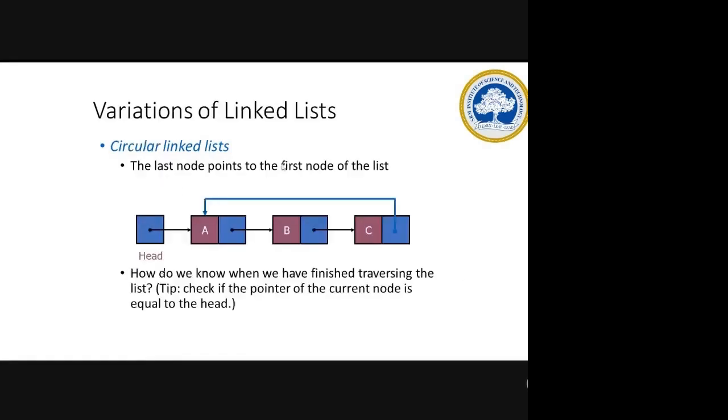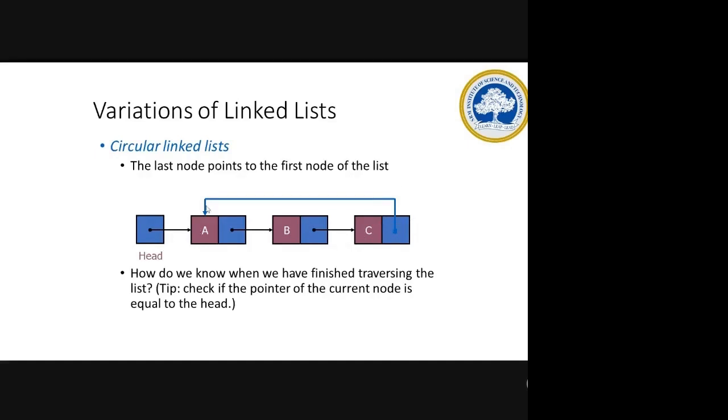So when I take a circular linked list, it is possible. In circular lists, both are possible: a singly linked list can be circular, and a doubly linked list can be circular. But we are going to learn only the circular linked list of the singly linked list; the same thing is applicable for the doubly one also. The only difference is that when I come to the last node, C will not be null.